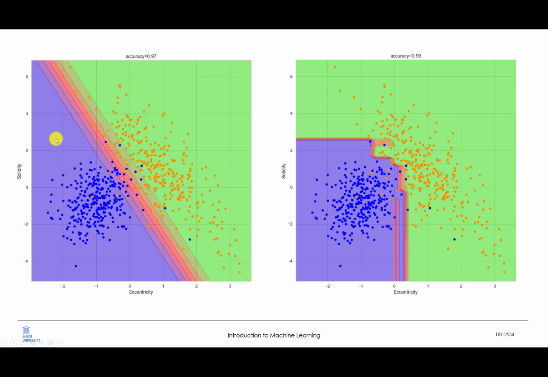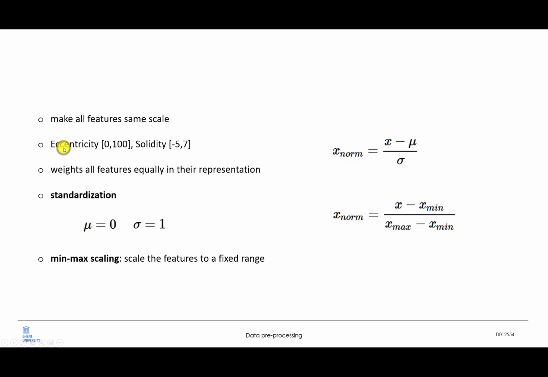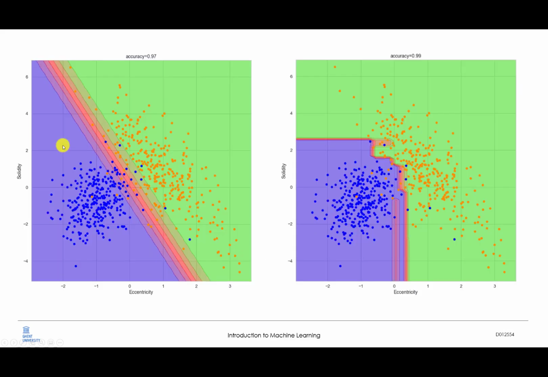So for instance, we could have an image somewhere here, which was not in our data set, but given the model we will predict this image as being benign based on the values of these two features here. Okay, so this is what machine learning is all about.